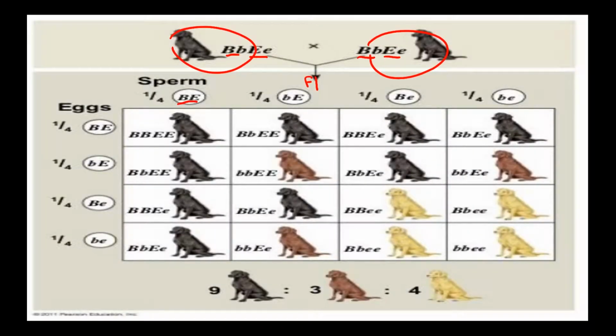We have our BE, both recessive, or both dominant, our B, which is recessive, and our E, which is dominant, our B, which is dominant, and our E, which is recessive, both recessive here, and then same going down this side, similar pattern.